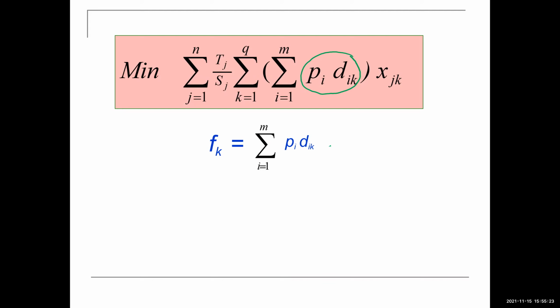So this is going to be the expected distance travel between storage location k and input output doors.